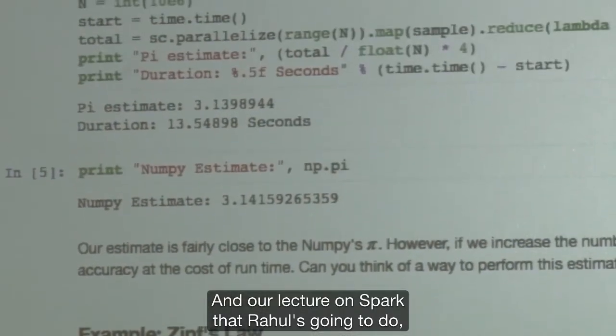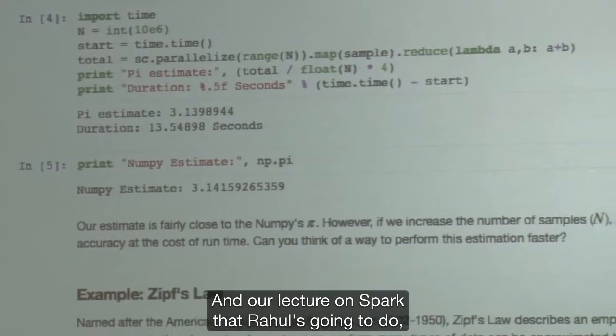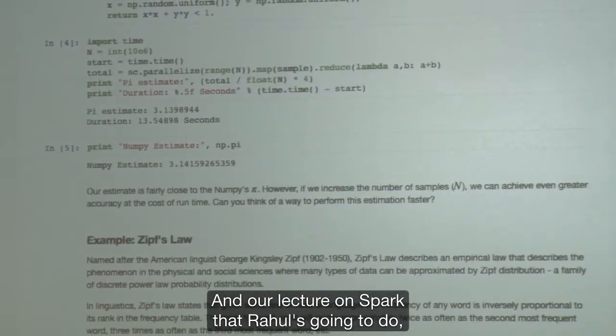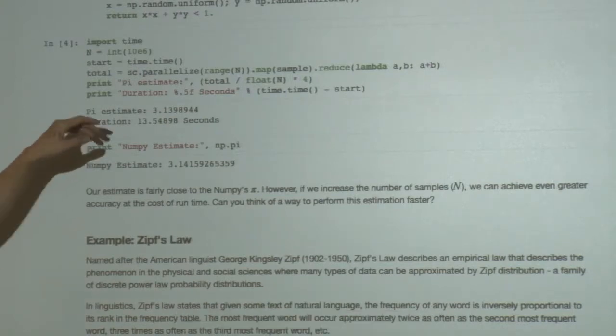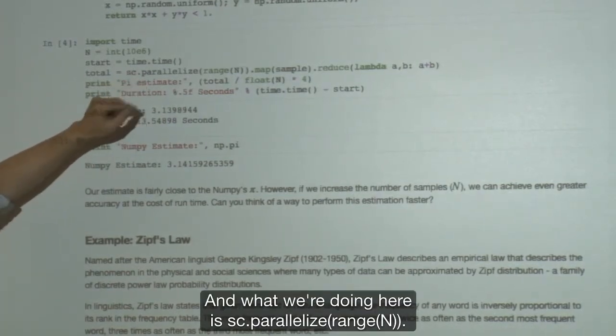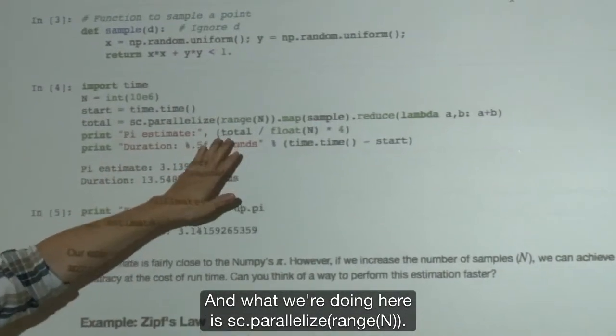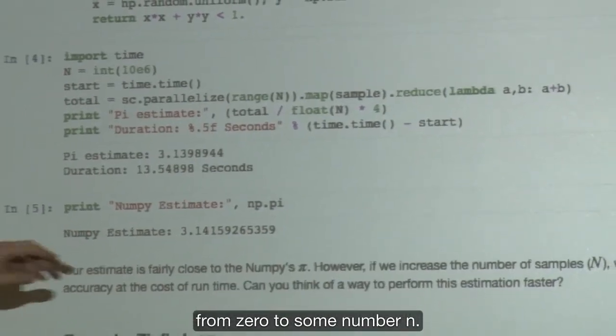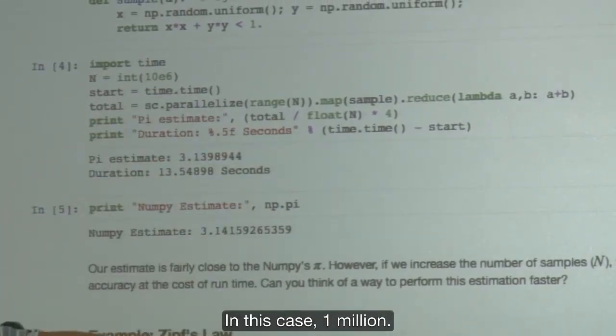Now in our lecture on Spark that Rahul is going to do, we're going to learn about RDDs. And what we're doing here is sc.parallelize(range(n)). We're just creating an RDD, a collection of integers from 0 to some number n, in this case, 1 million.